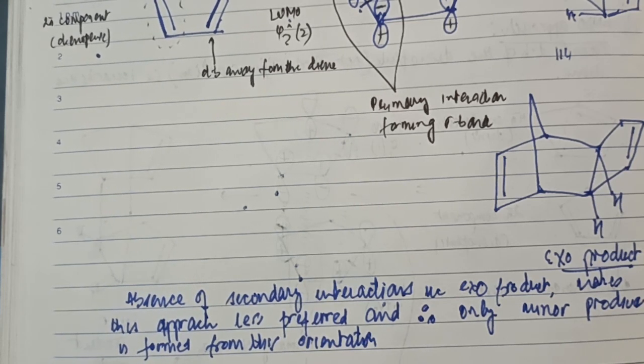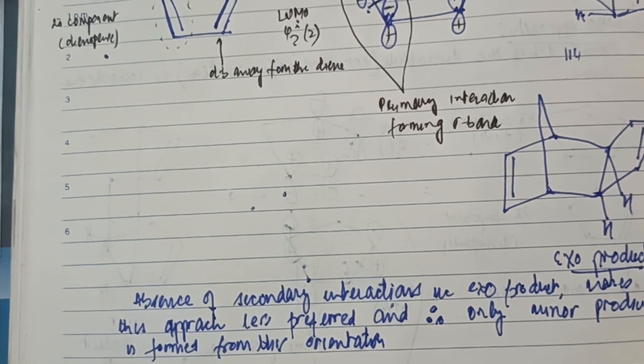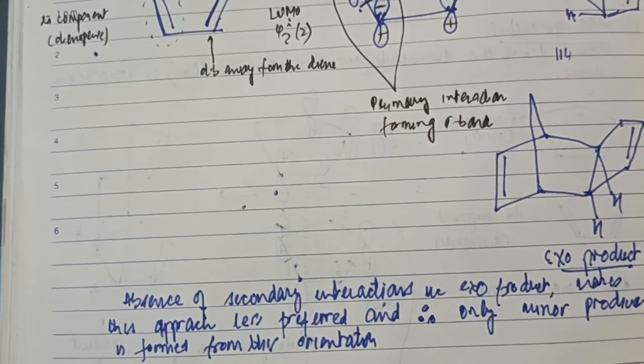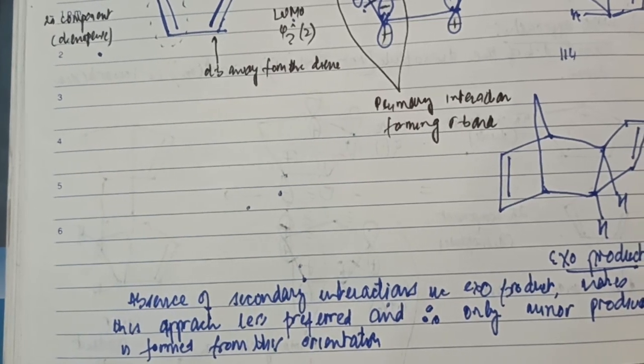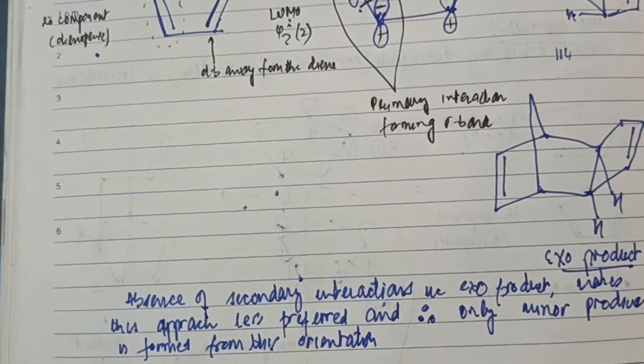The second case is that in the case of those dienophiles in which the dienophile is attached to a conjugated double bond, under those conditions it is the endo orientation, which is sterically more crowded as compared to the exo orientation, which is favored.